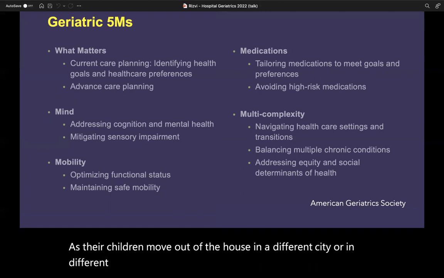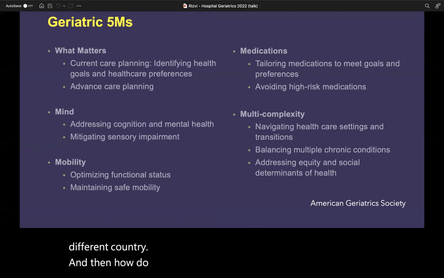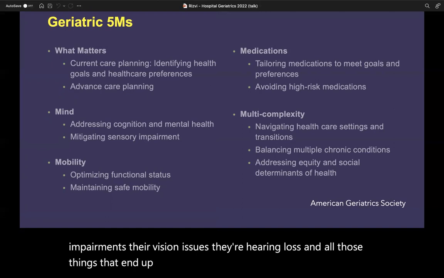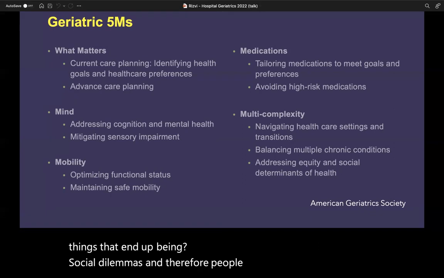And then how do we mitigate and understand their sensory impairments, their vision issues, their hearing loss, and all those things that end up being social dilemmas, and therefore people avoid social interactions to avoid embarrassments.